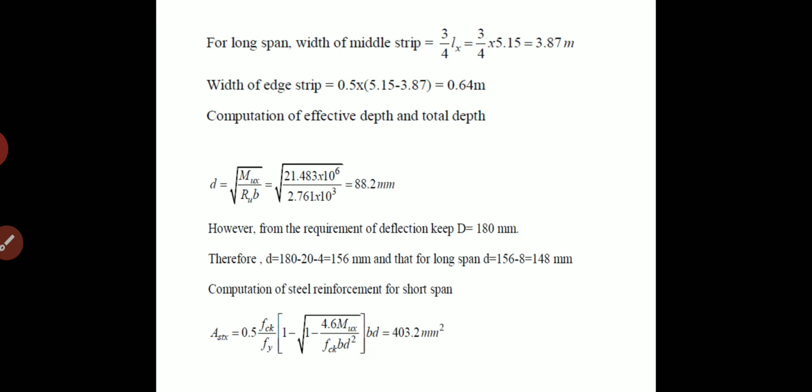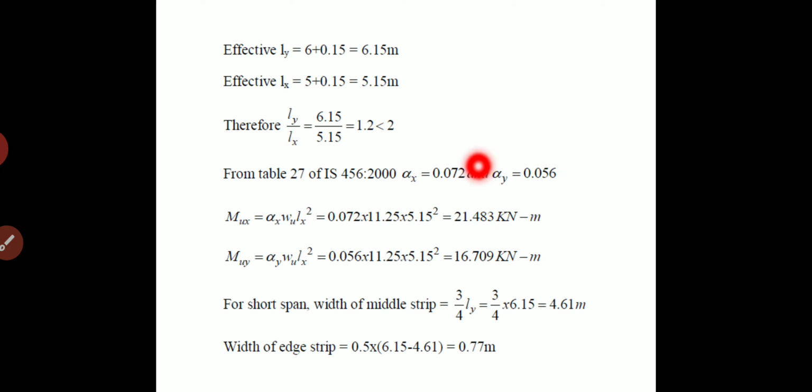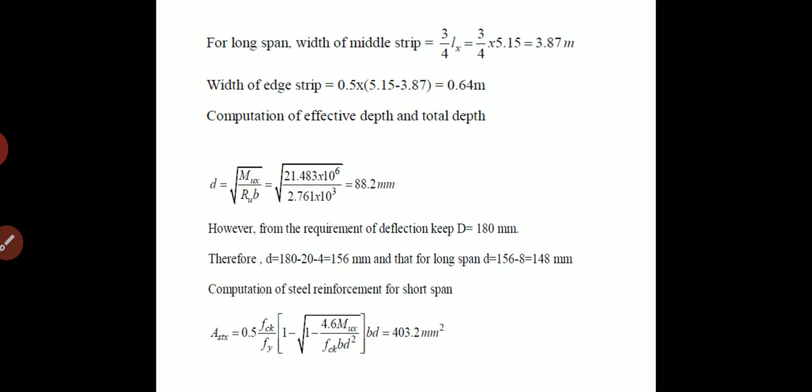Now the FCK value is 20 Newton per mm square. Here the B value, as we already discussed, and the D value, which is small d, is 148 mm. All these values are put here, and then we finally get AST equal to 403.2 mm square.